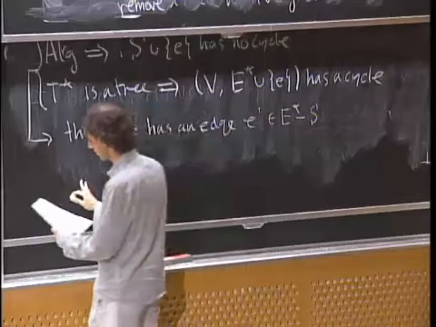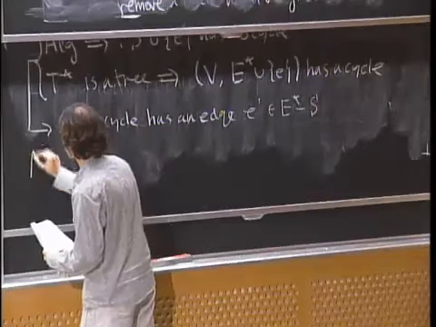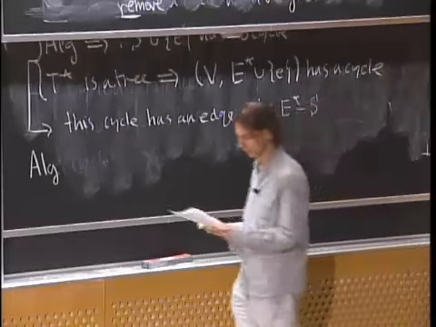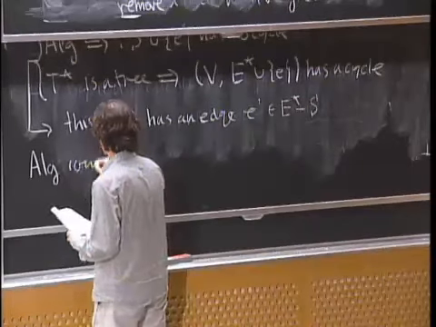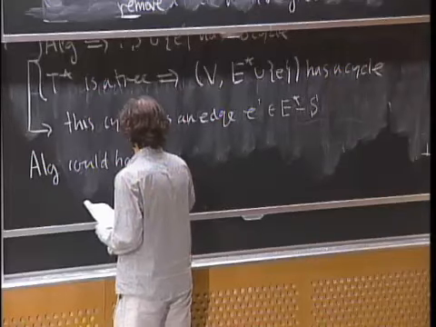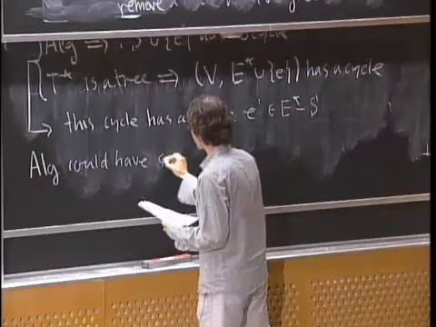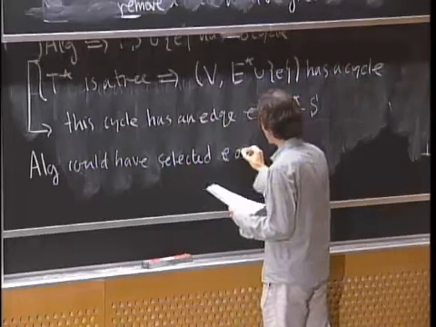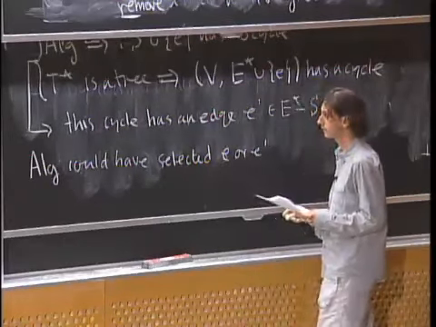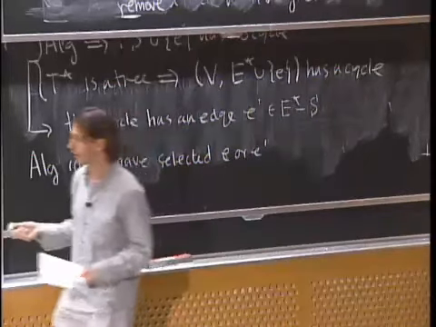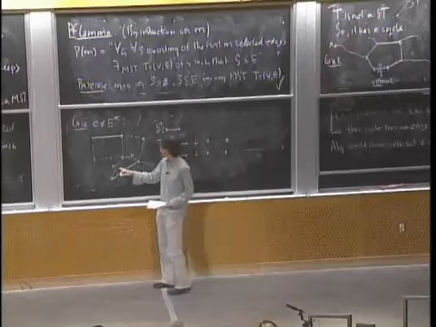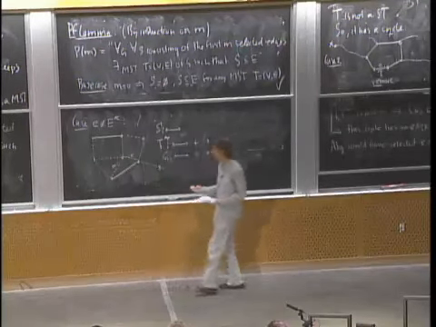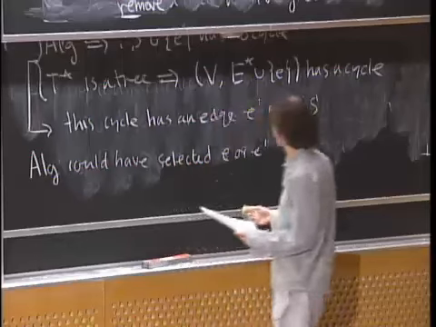So let's first write down what we know about the weight of E prime and E. Since the algorithm could have selected E or E prime, it did select E, right? But it could have also selected E prime, because E prime does not create a cycle with S. That's what we have seen here.